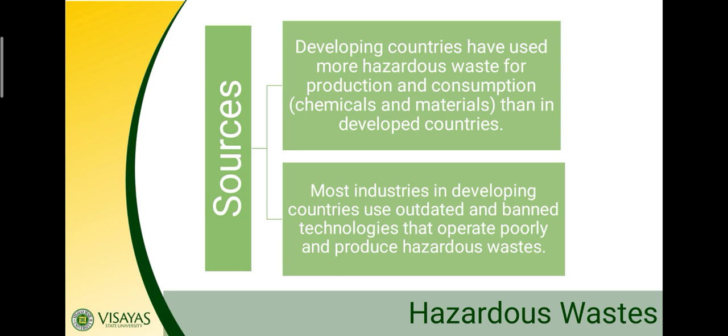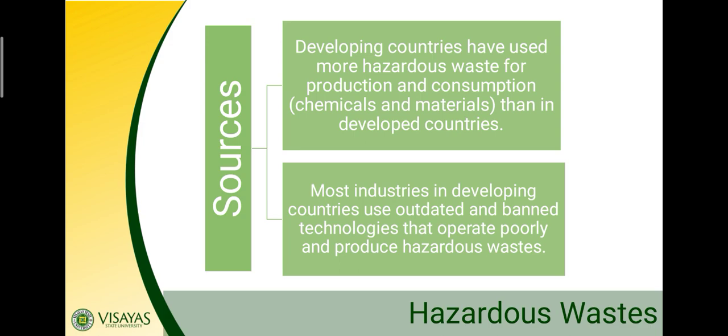So, most industries in developing countries use outdated and banned technologies that operate poorly and produce hazardous waste. As is the case in developed countries, industry is a major source of hazardous waste. In less developed countries, notably, multinational companies often shift their plants to less developed countries and use technology banned in their home countries.